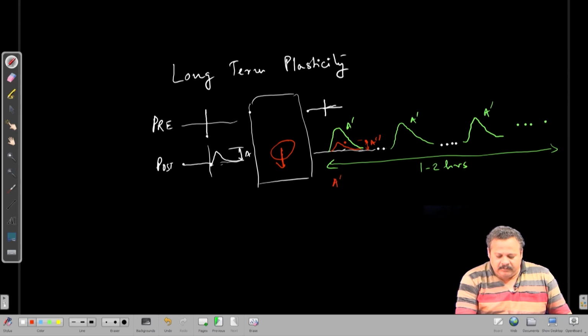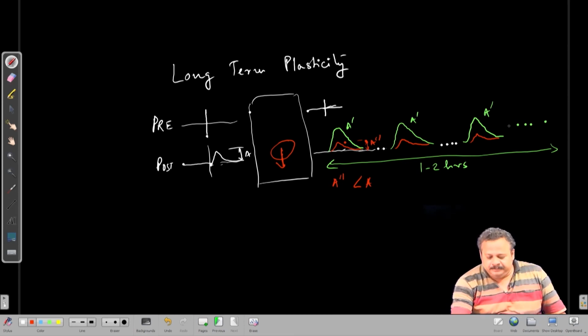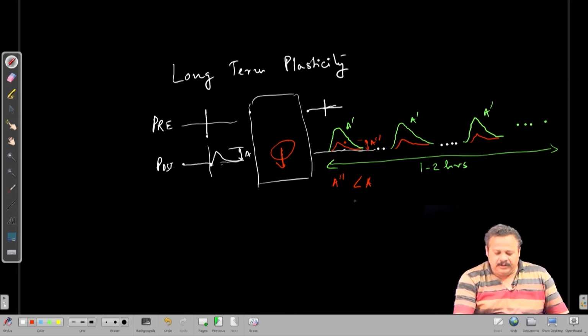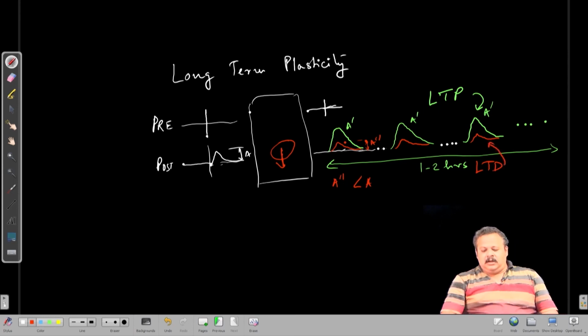So A double prime is less than A, and it continues to be so throughout that period of an hour to 2 hours, and that is long term depression. So what we have here is long term potentiation in green, and we have long term depression here in red.